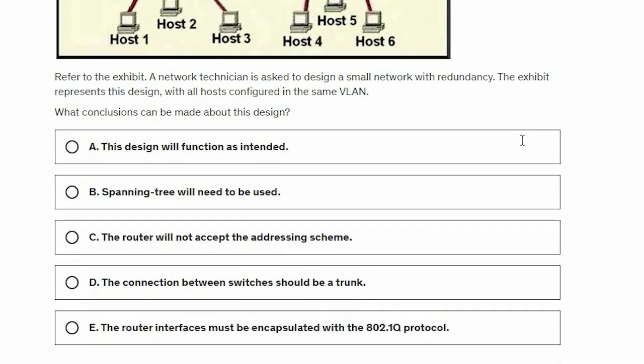A. This design will function as intended. B. Spanning tree will need to be used. C. The router will not accept the addressing scheme. D. The connection between switches should be a trunk.